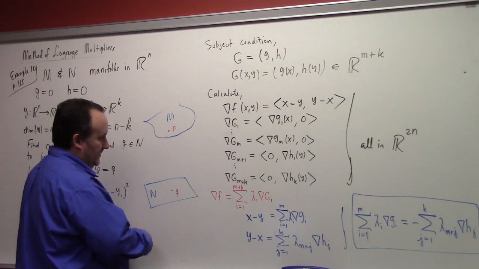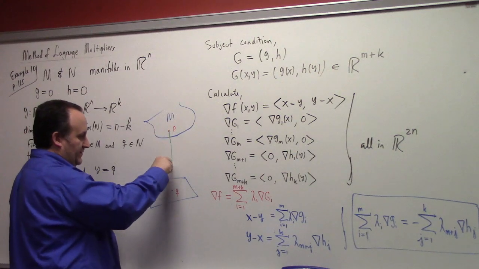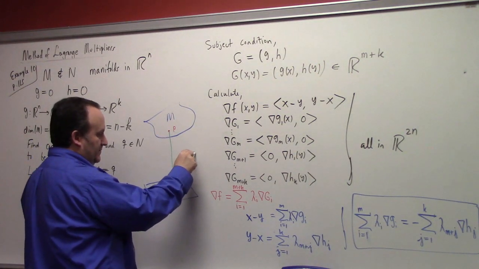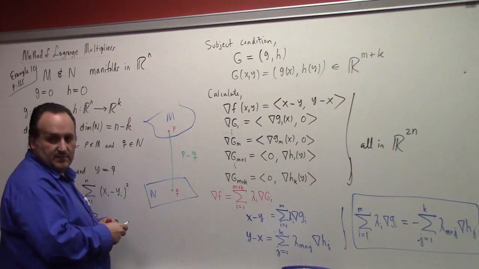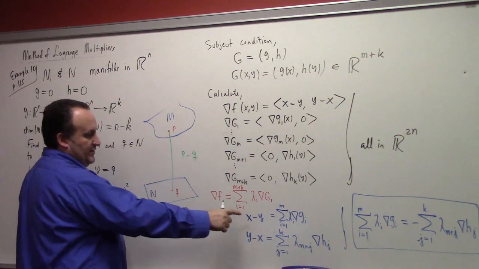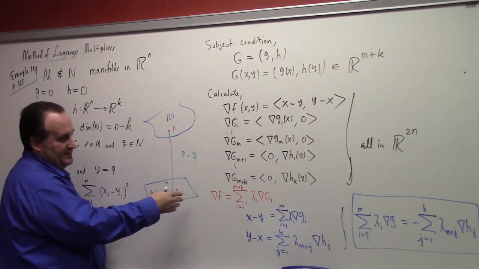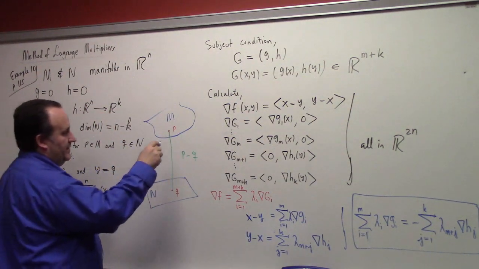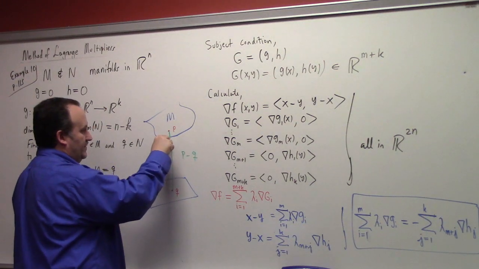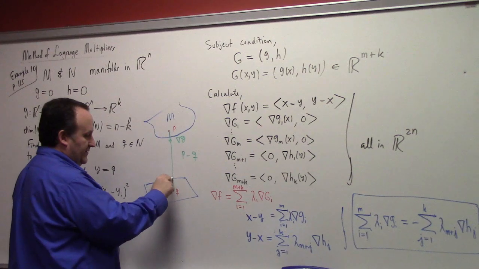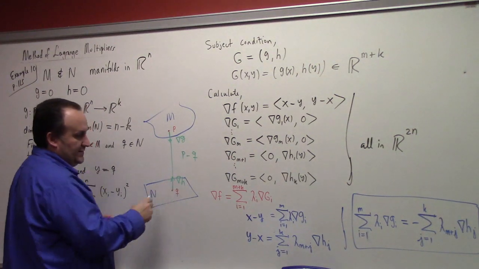Then this line is P minus Q, right? So this equation says that that line aligns with, up here, the normals to the g's, and down here the normals to the h's.